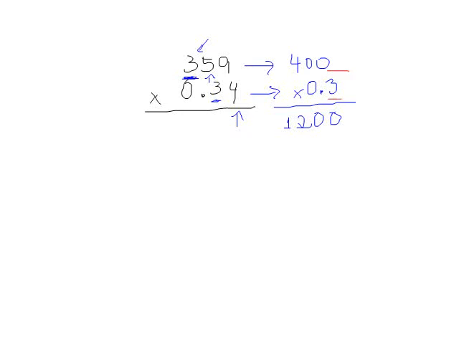In this case, there is one place value, one space after the decimal point. So therefore, in my answer, I should also have one space after the decimal point. The answer therefore becomes about 120. Do I need to put a 0.0? No, I don't. Does it hurt me if I do? No, it does not.